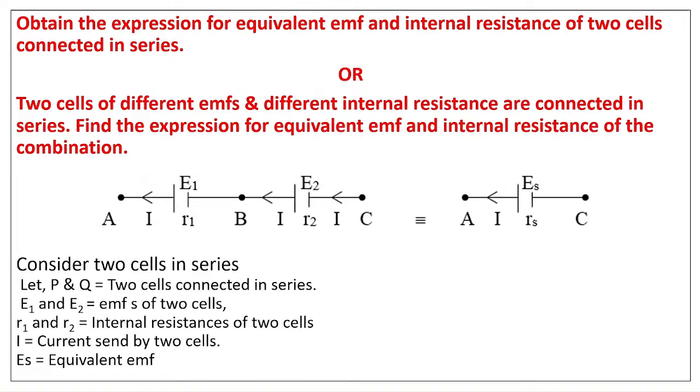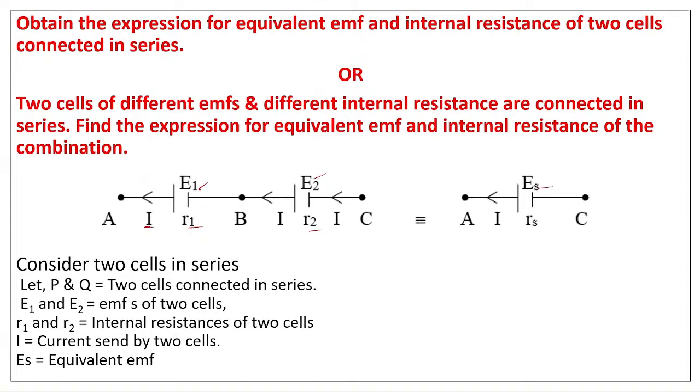Consider two cells in series. Let P and Q be two cells connected in series. E1 and E2 are the EMFs of the two cells. R1 and R2 are the internal resistances of the two cells. I is the current sent by the two cells.